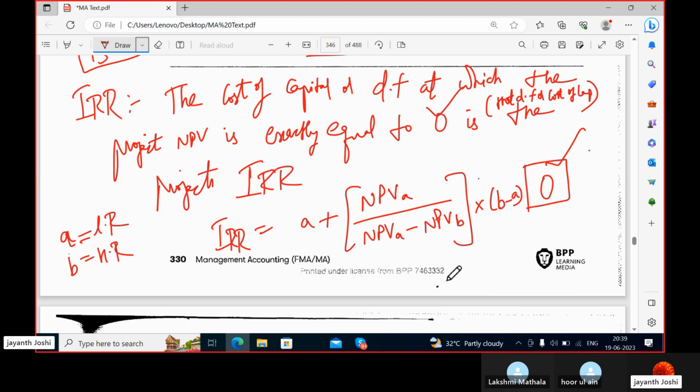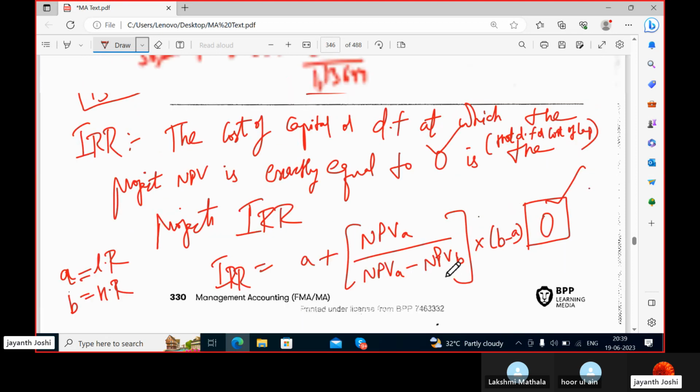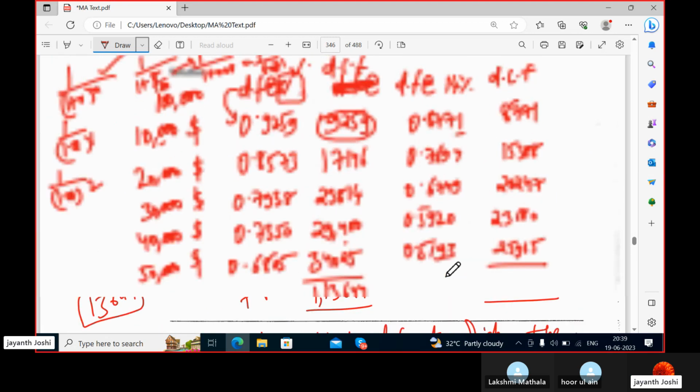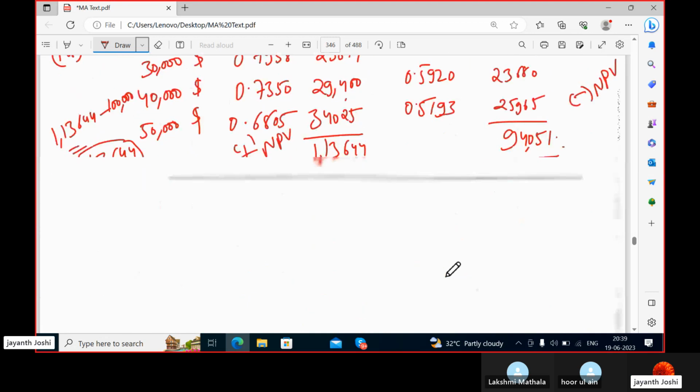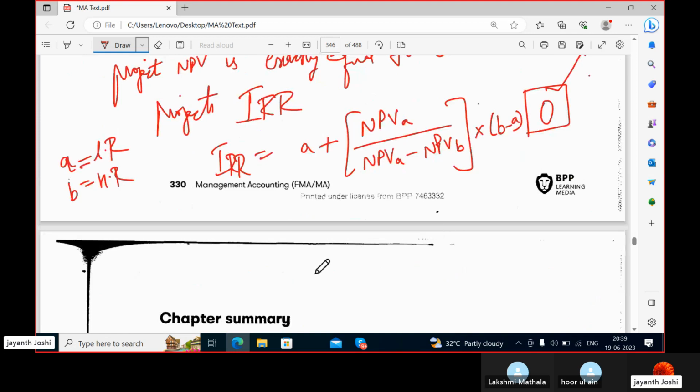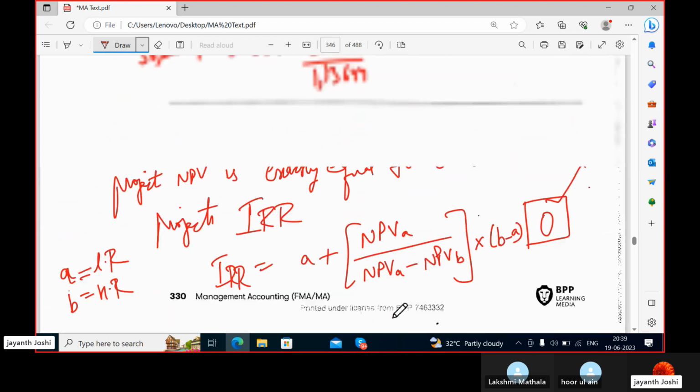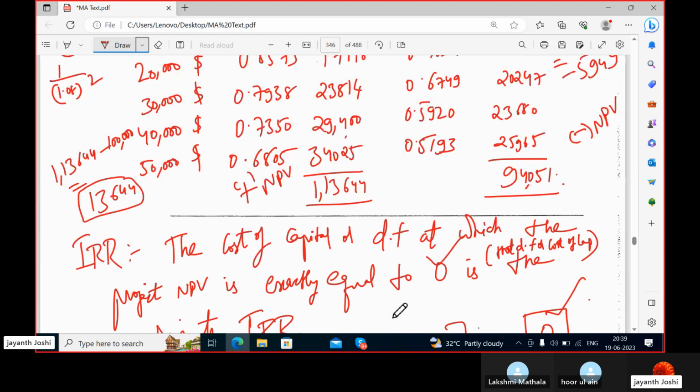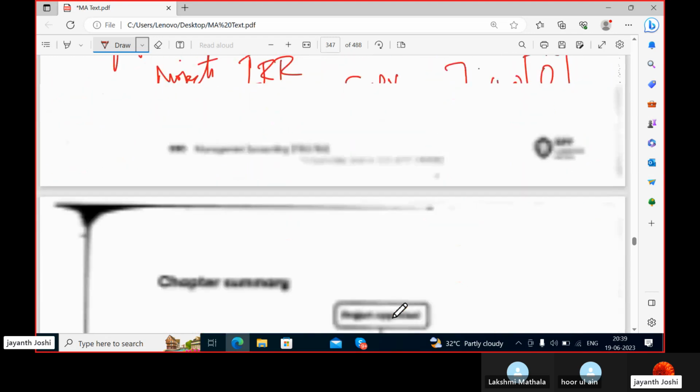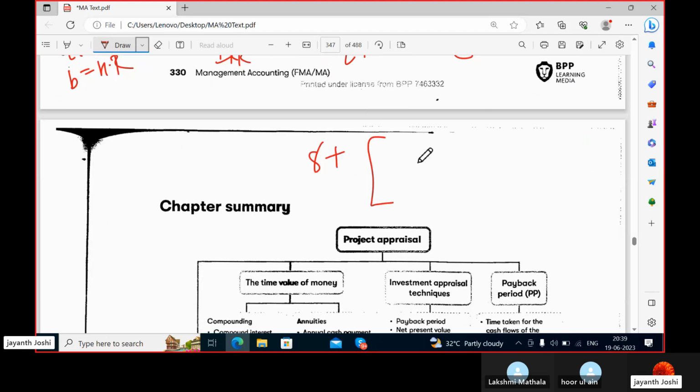In our example also, the lower rate was 8% and the higher rate is 14%. See, you will get the answer now. 8 plus, what is NPV at lower rate? 13,644. 13,644 whole divided by 13,644 minus, see this will become positive. Why?